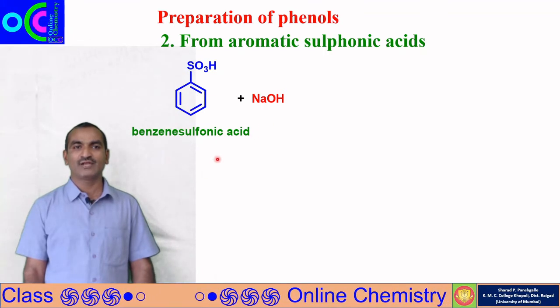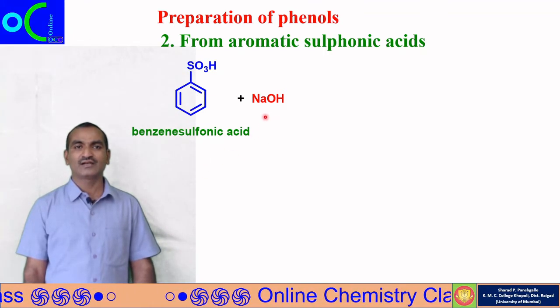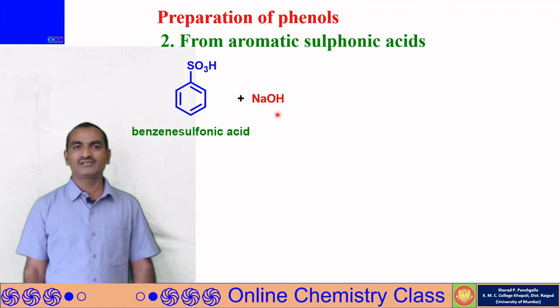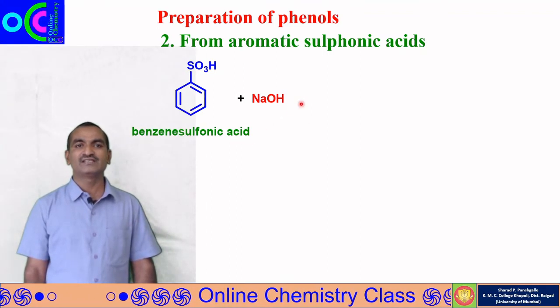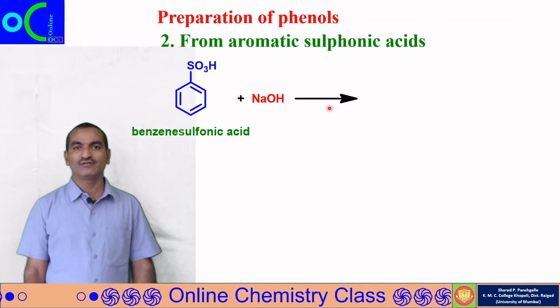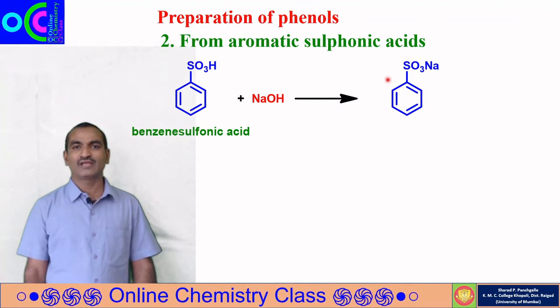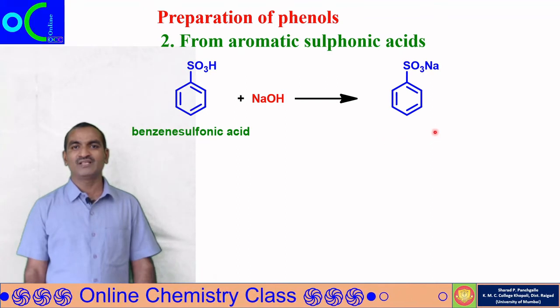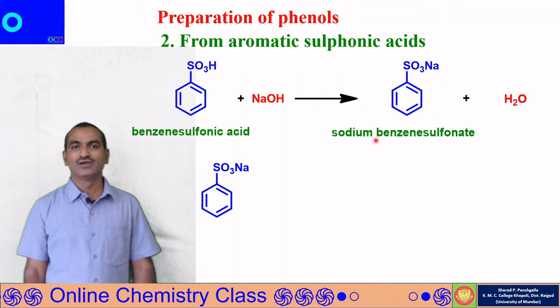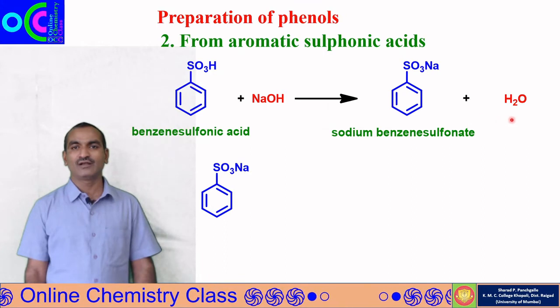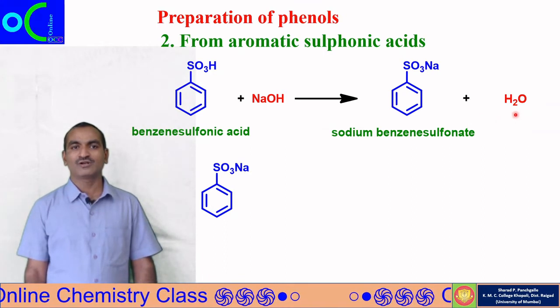This benzene sulfonic acid is acidic in nature and this sodium hydroxide is base. So there will be an acid base reaction. So there will be formation of sodium salt of benzene sulfonic acid, that is known as sodium benzene sulfonate, and there will be formation of water also.